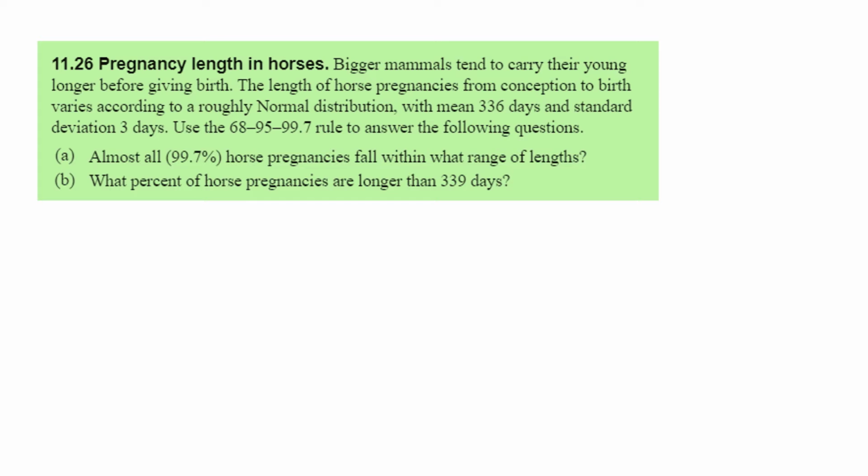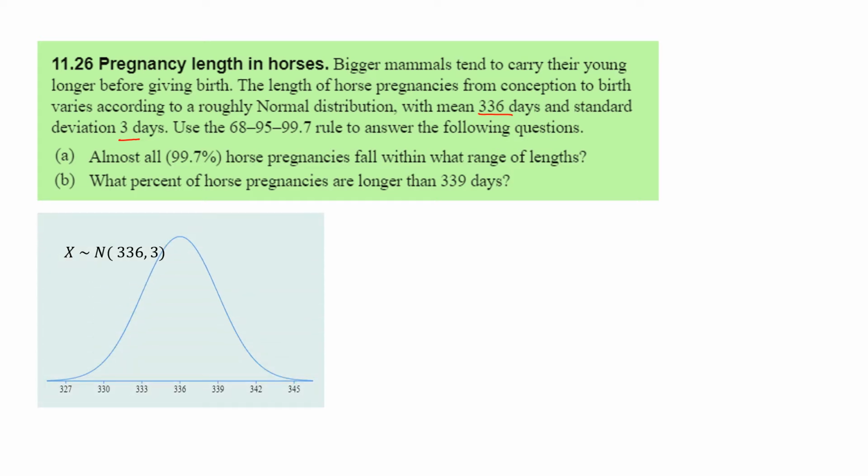The pregnancy length in horses is approximately normal with mean 336 and standard deviation 3. So we have to use the 68, 95, 99.7 rule. We can construct a normal curve with mean 336 and standard deviation 3. The center is 336 and 3 points lying to the right with an increase of 3: 339, 342, 345.